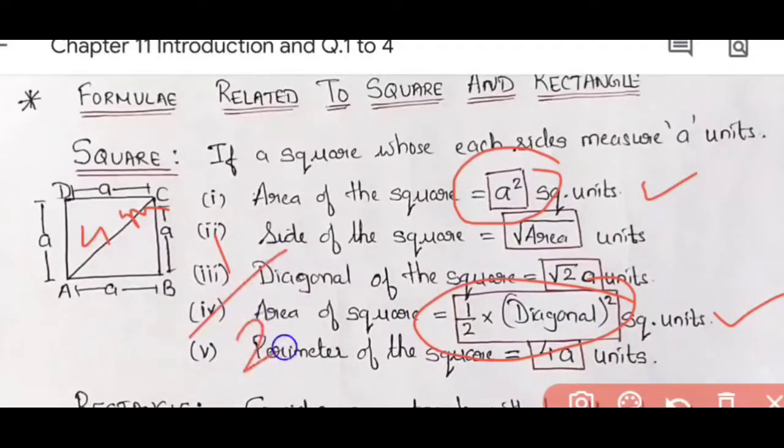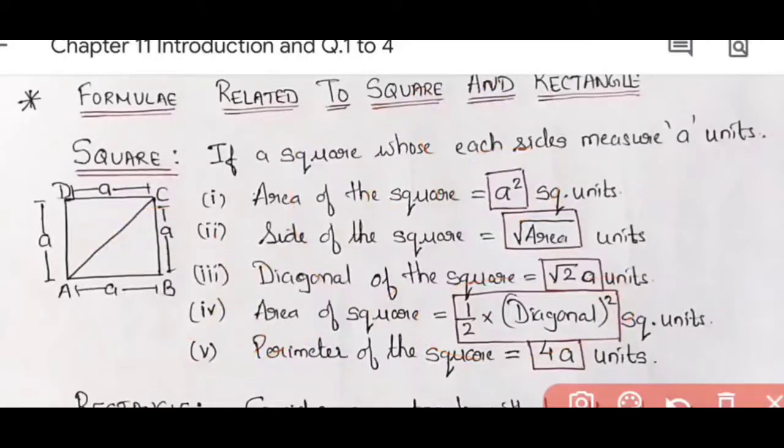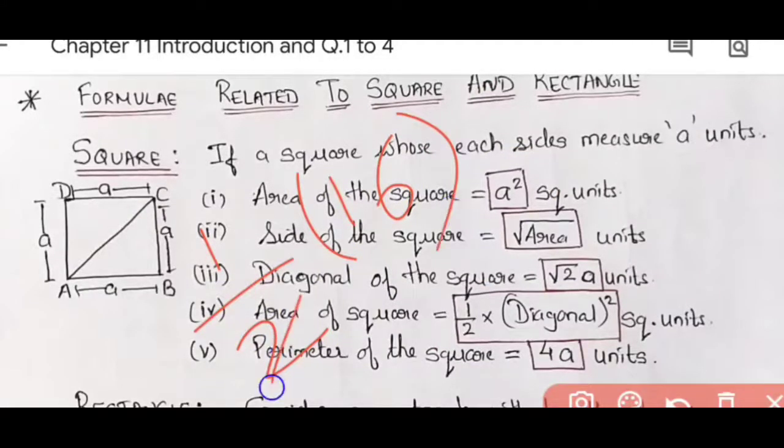Area of the square is equal to diagonal squared by 2, so 4 squared is 16, half of that, 2 1s are 2, 2 8s are 16, so 8 centimeter square will be my area of the square.